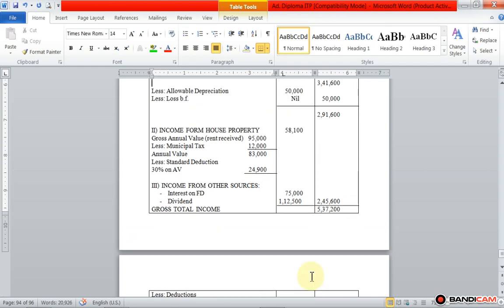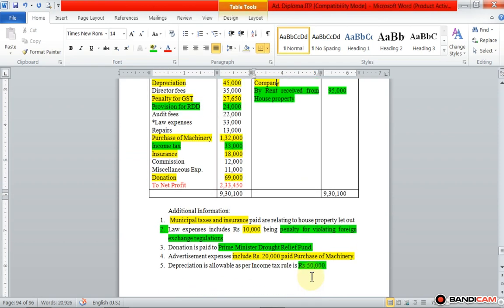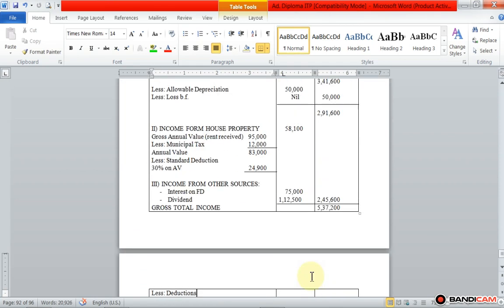Only one deduction is here, that is donation. The donation amount is 69,000. So 100% donation is allowed for deduction.